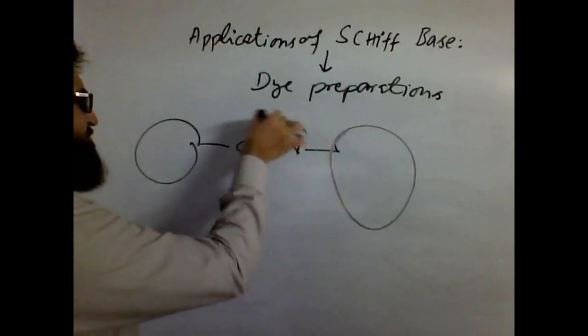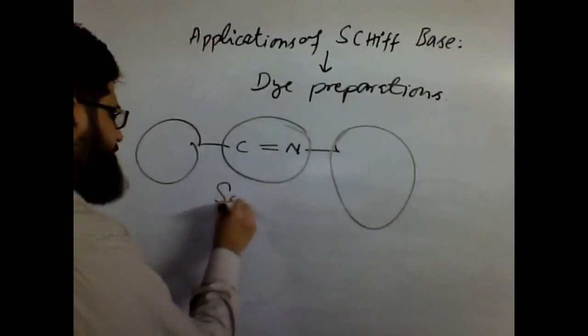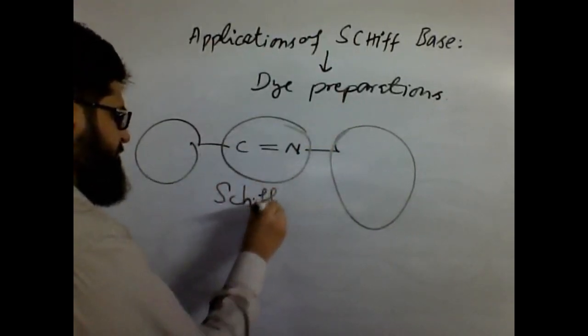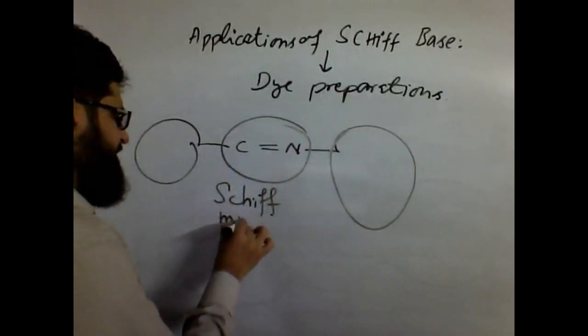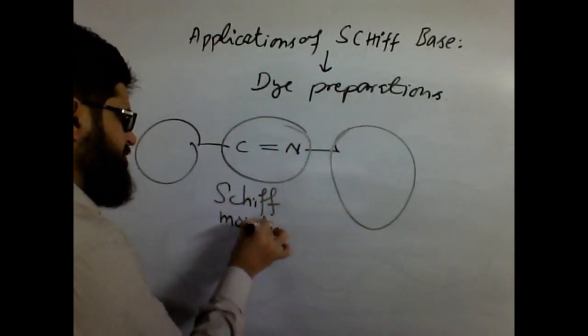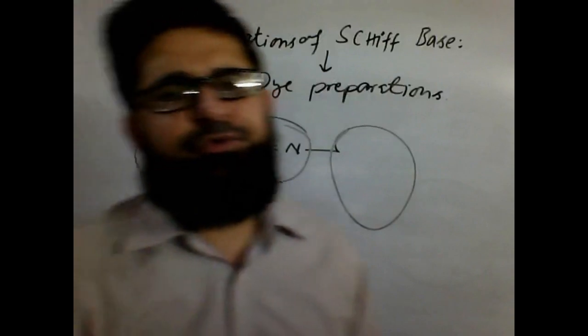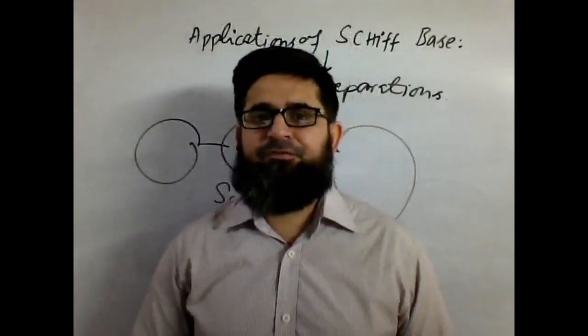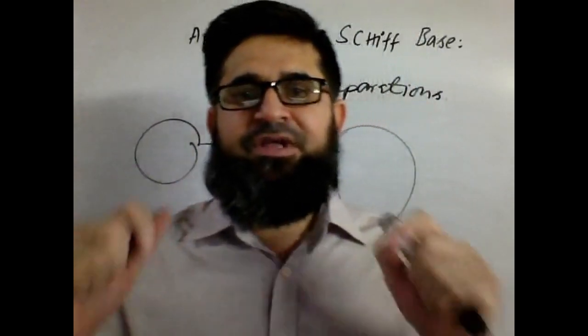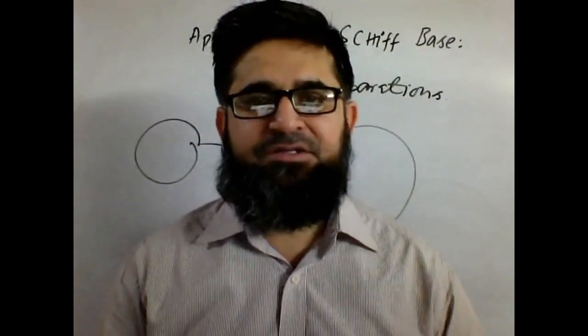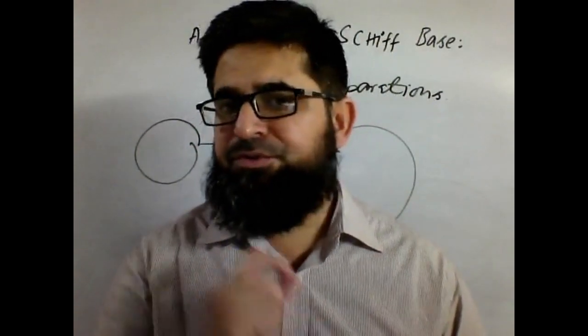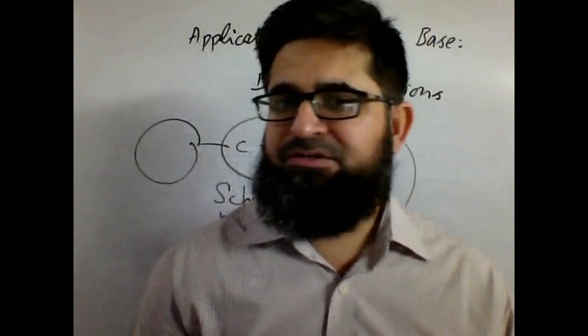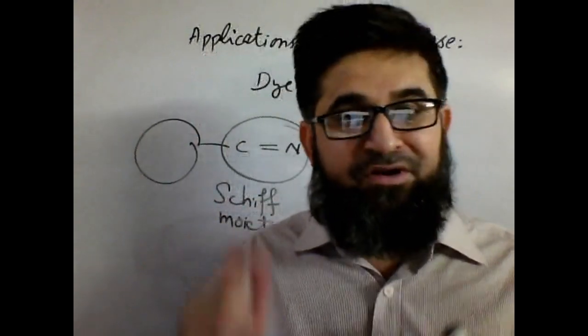So the presence of this Schiff base functionality has been introduced as an alternative to the azo functionalities, and it has frequently been used for the preparation of non-azo dyes actually.